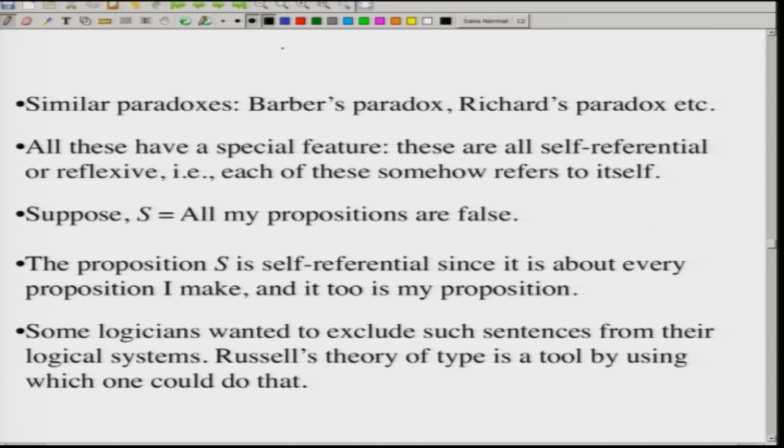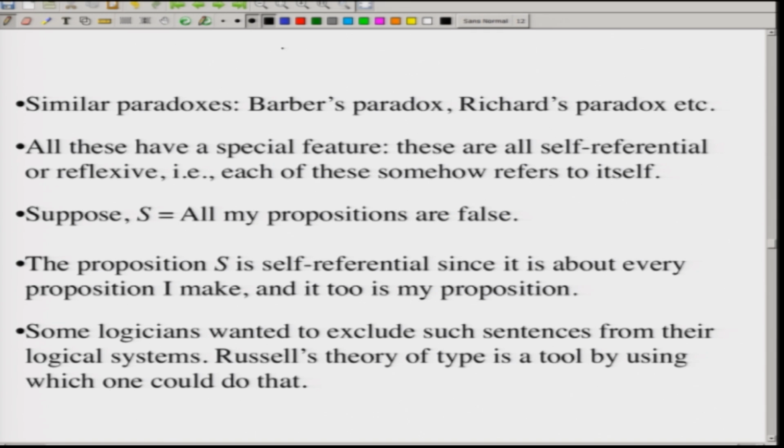How? Suppose S, let us call the sentence, all my propositions are false. Now, the proposition S is self-referential, since it is about every proposition I make, and it too is my proposition.